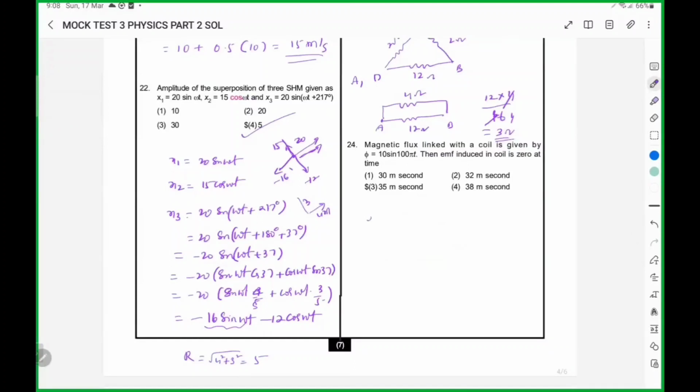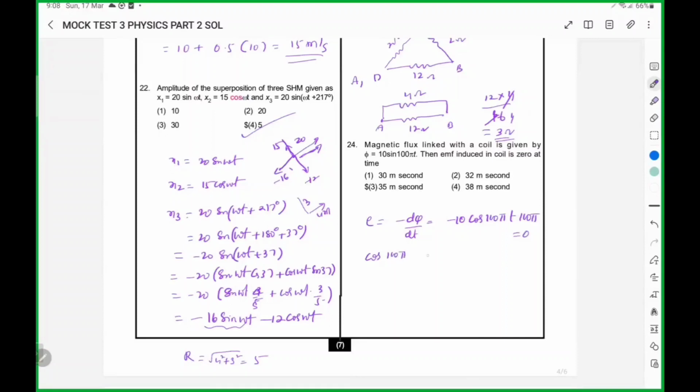So induced EMF is minus d phi by dt. So this one, which is minus 10 cos 100 pi t into 100 pi, that is 0.